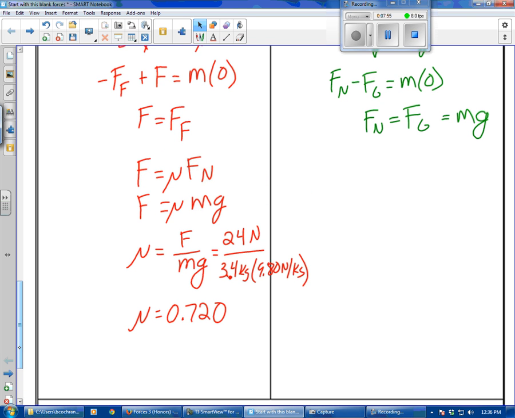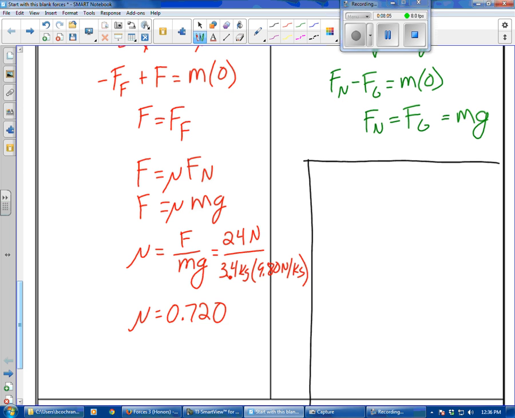But what's different is from this step down. Let's do it over here. This will be part B. I'm going to have negative frictional force plus F equals M times A. So I'd end up with my frictional force equals F minus MA.